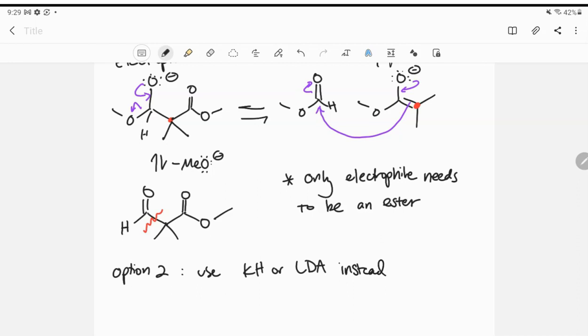This will be for cross Claisens, because remember, these will irreversibly deprotonate, and they are non-nucleophilic strong bases. They're going to deprotonate your nucleophile, and you can have it sitting there, and then you can add in your electrophile, and the electrophile can have alpha protons this time.